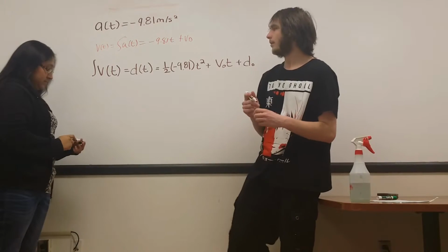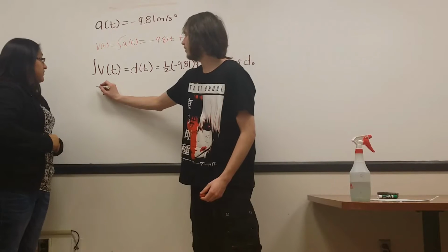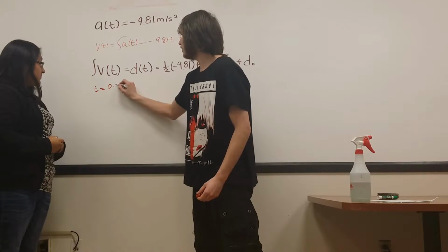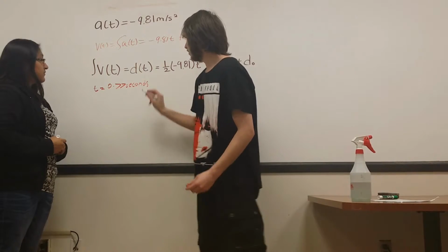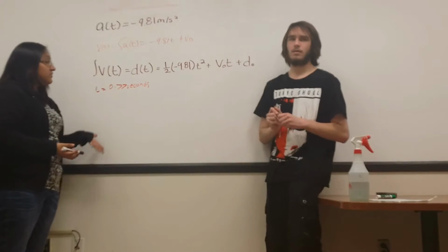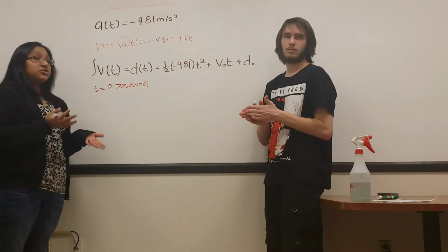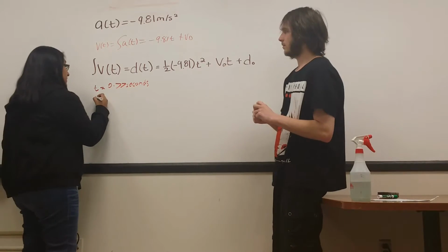Now, from our video recording of the egg drop, we had an average time of t equal to 0.77 seconds. And our initial velocity we know is 0 meters per second because the egg was just dropped, and if it was just dropped, there was no initial velocity added to it.